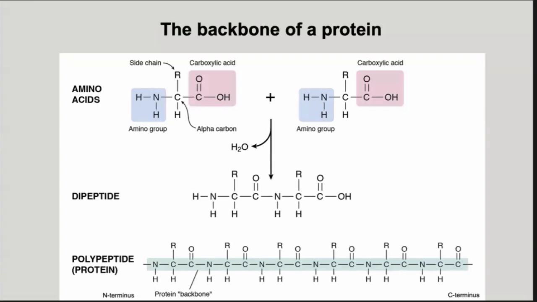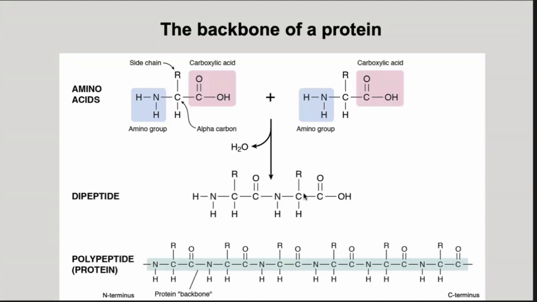The beginning would be this very first amino acid that was deposited at the ribosome, and it begins with its amino group. So the start of the amino acid chain, the start of our polypeptide or protein chain, is known as the N-terminus, because it's that amino group of the very first amino acid that's deposited at the ribosome.